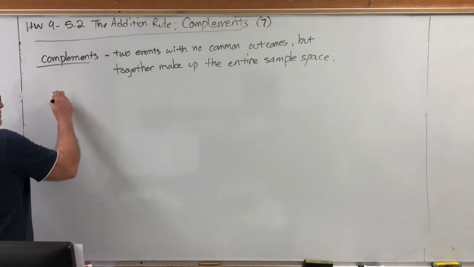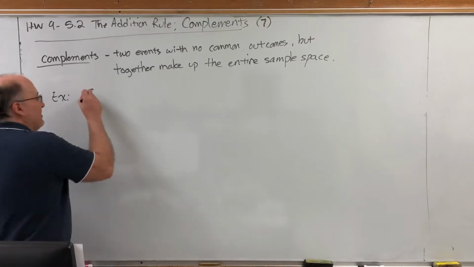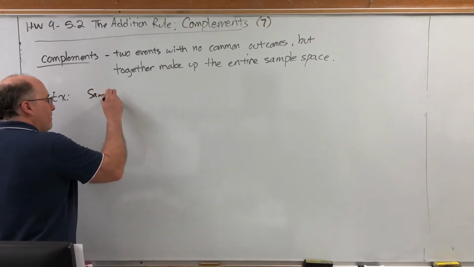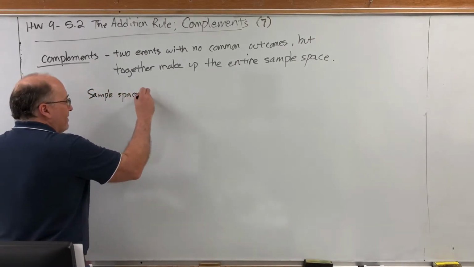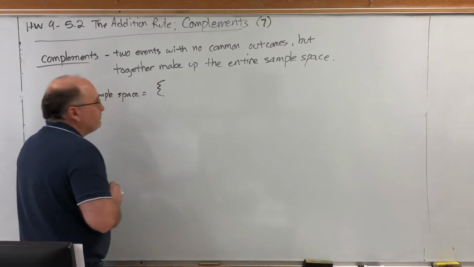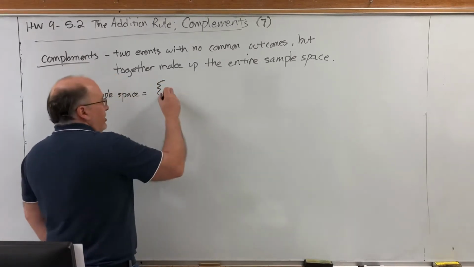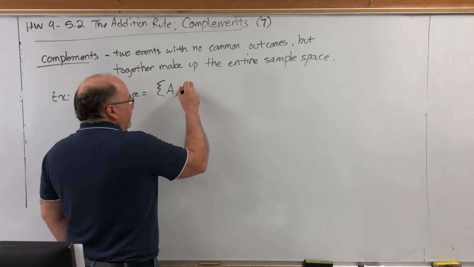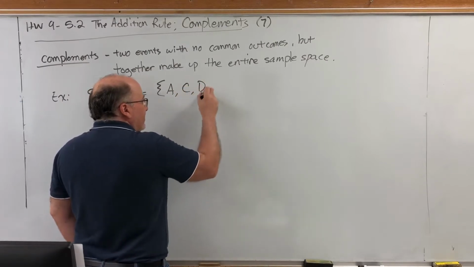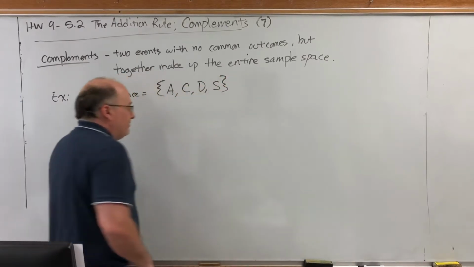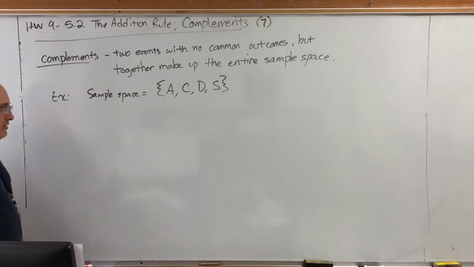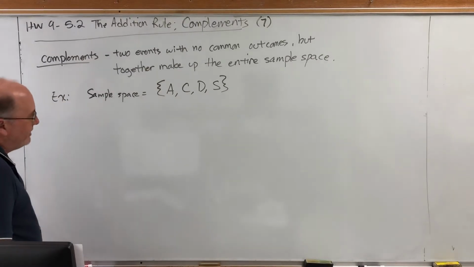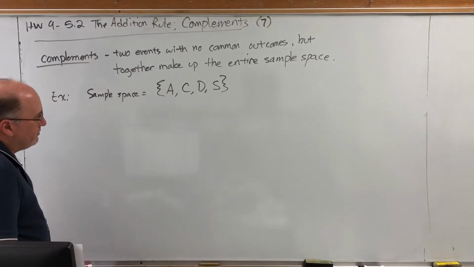So for example, let's say that we have a sample space that consists of A, C, D, and S. And if you're wondering, well, it wouldn't be A. What am I missing?